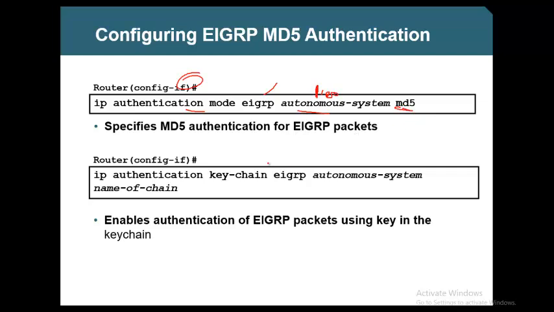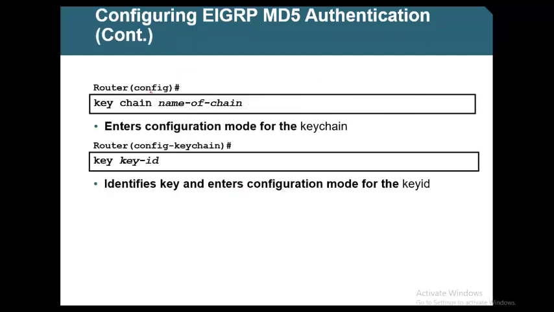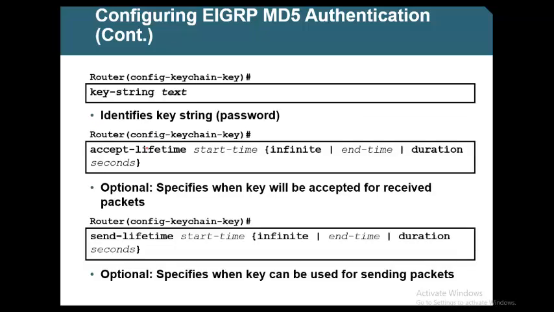And then I need to call the keychain, which is already configured. So this is how we configure a keychain: keychain, and then any name. This name need not match with the neighbor. Key ID should match, and key string should match.